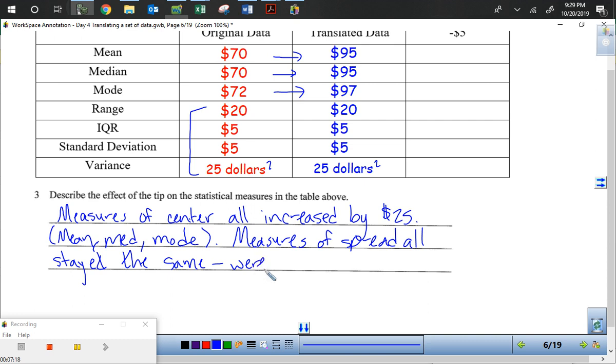So just so if you see that word, you know what it means. It means it just didn't change at all. And these are our range, IQR, our standard deviation, and our variance.